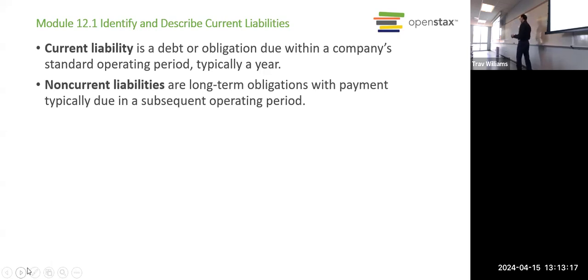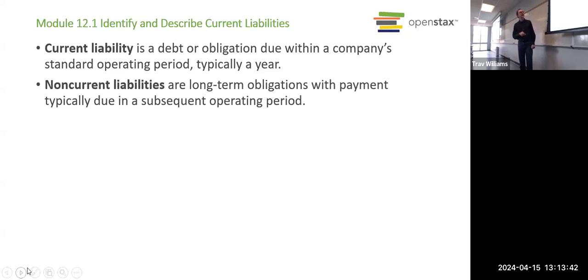That is one operating cycle. And if it's not a manufacturing company, then it's still the same thing. So from the time you provide the service, get paid, and then can provide another service is one operating cycle. So for some companies, it might be a lot shorter than a year, it might be longer than a year. And that's why, for simplicity's sake, we're just going to stick with a year, okay?